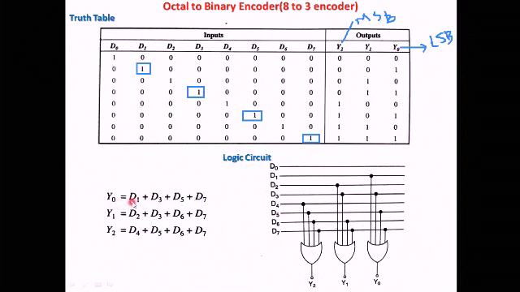We write D1 plus D3 plus D5 plus D7 because Y0 is equal to 1 whenever the inputs D1, D3, D5 and D7 are equal to 1 or high. Now let us see the next equation, that is for Y1.